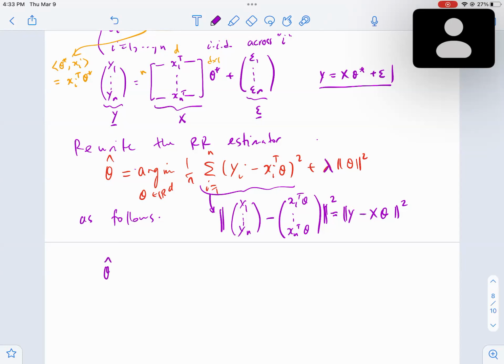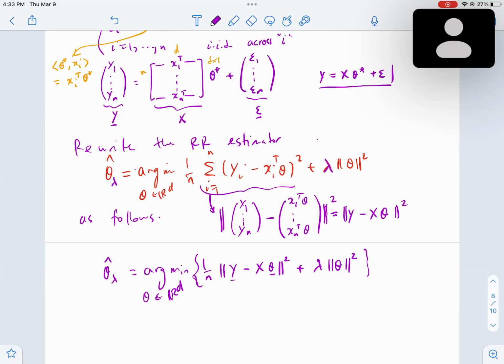So this can be written as, I'm going to put a lambda as well, because it depends on lambda, argmin over theta in R^d of 1 over n times the norm of y vector minus x theta squared plus lambda times norm of theta squared. Okay, so that's the ridge regression estimator. Without the penalty, it's just the least squares estimate that you have seen in 100C.